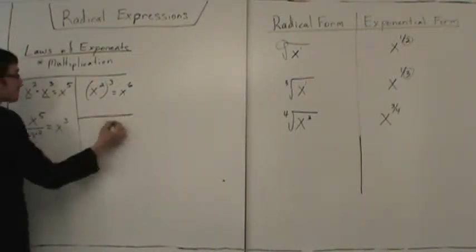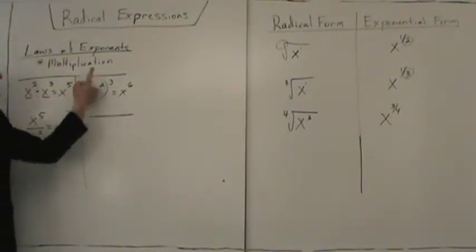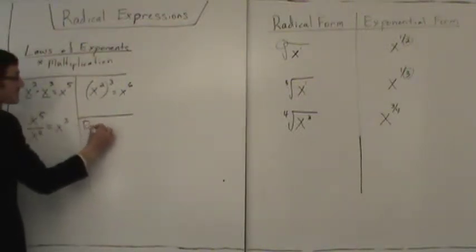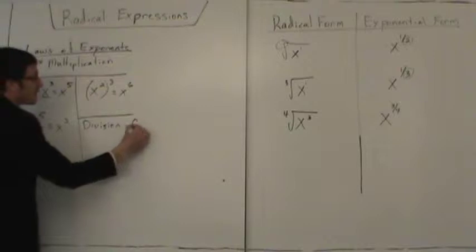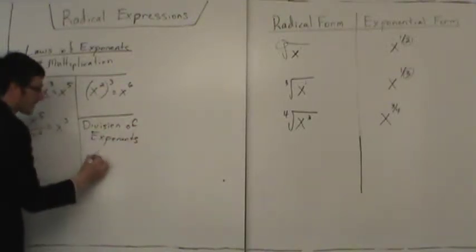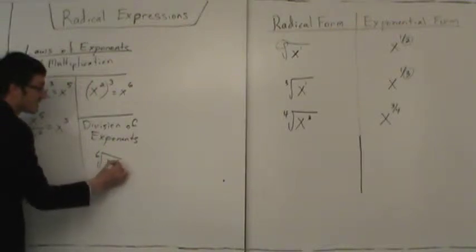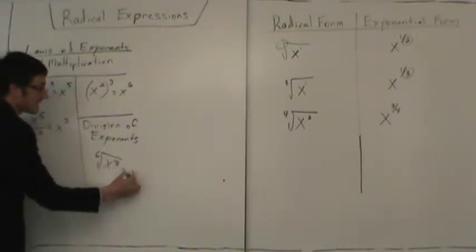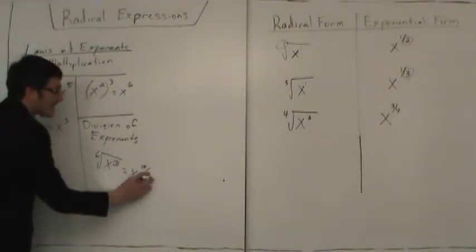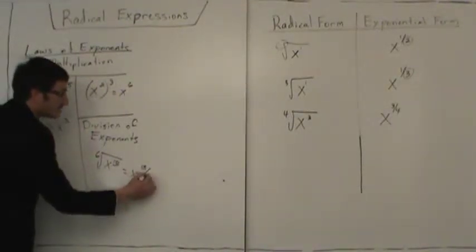And lastly, we have addition, subtraction, multiplication. Remember that radical expressions refer to the branch of division of exponents. So if we're looking at the sixth root of x to the 18th, this is x to the 18 divided by 6. In this case, we look at even divided by even.